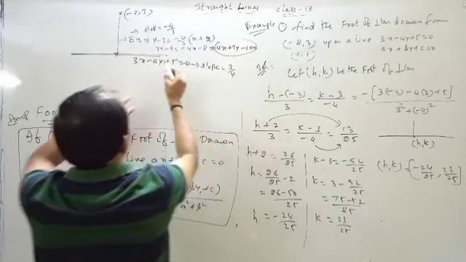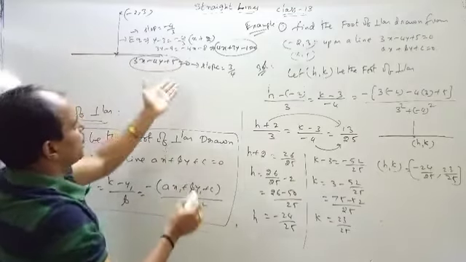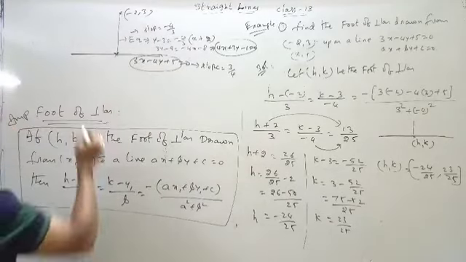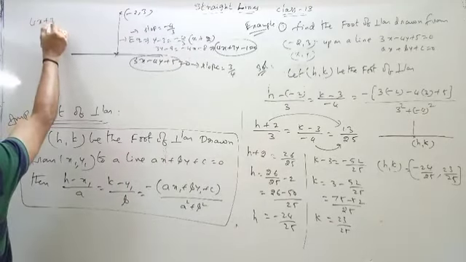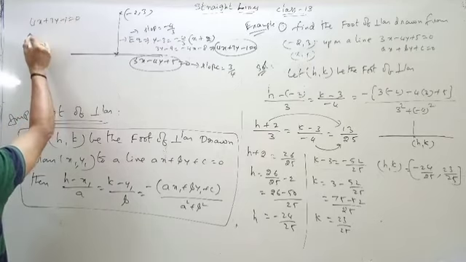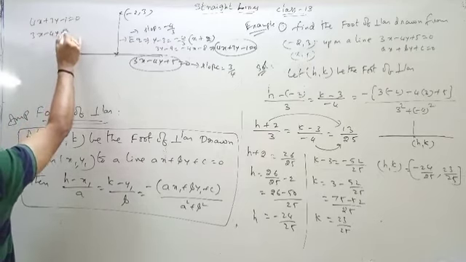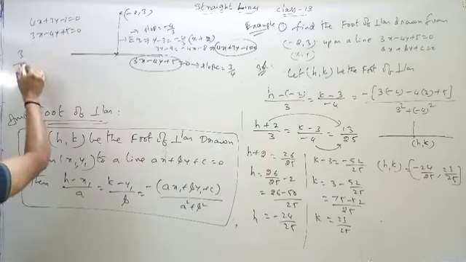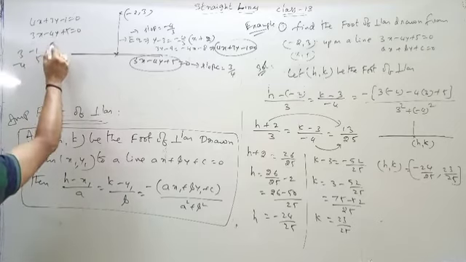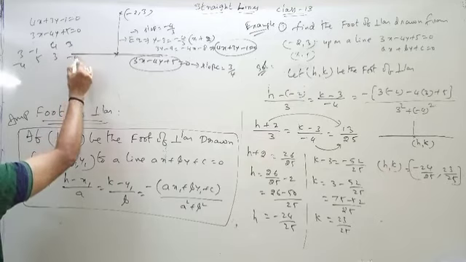So, these are the two lines. This is this line and this one is that line. So, find the point of intersection. 4x plus 3y minus 1 is equal to 0. 3x minus 4y plus 5 is equal to 0. 3 minus 4 minus 1 5. 4 3 minus 4.